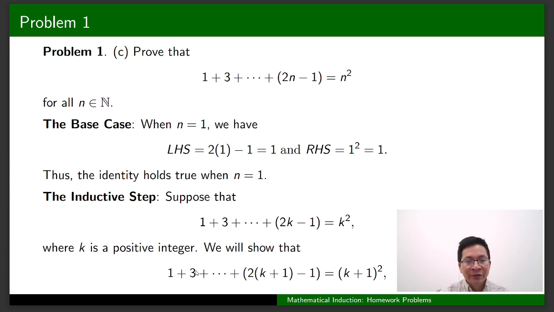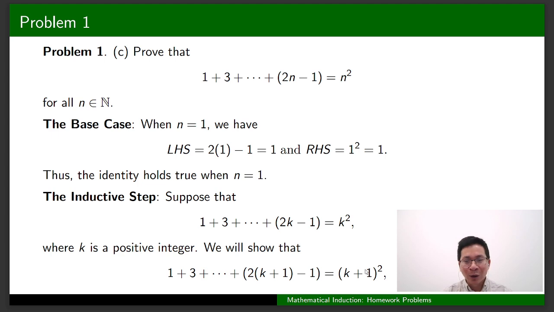And we have to show that this is true when n is equal to k plus 1, meaning that 1 plus 3 plus so on plus 2 times k plus 1 minus 1 is equal to k plus 1 squared. And remember that this is 2k plus 2 minus 1. So it is equal to 2k plus 1. Okay, so this is the inductive hypothesis.